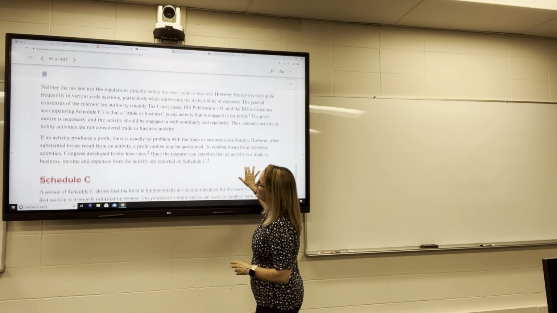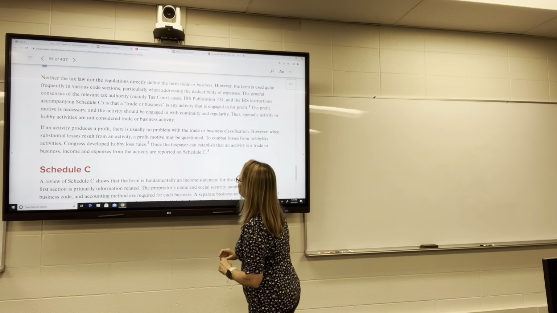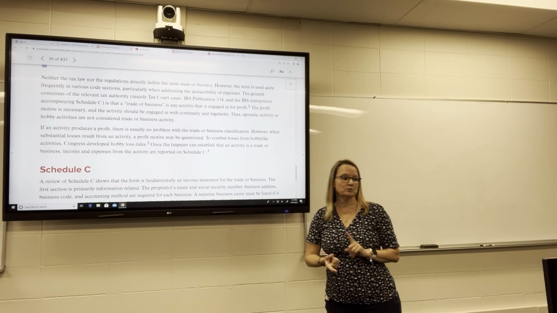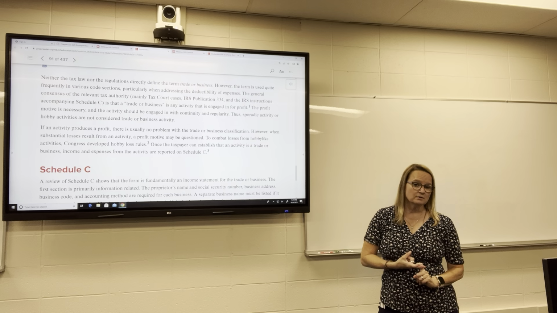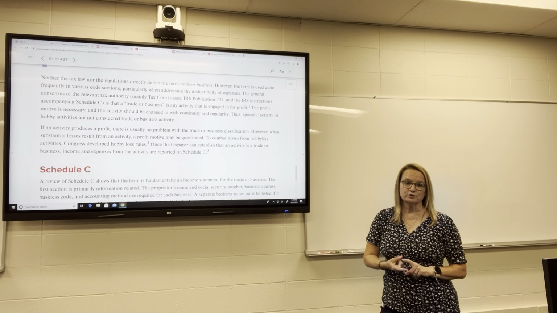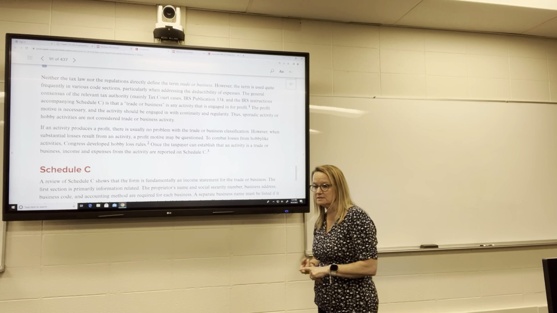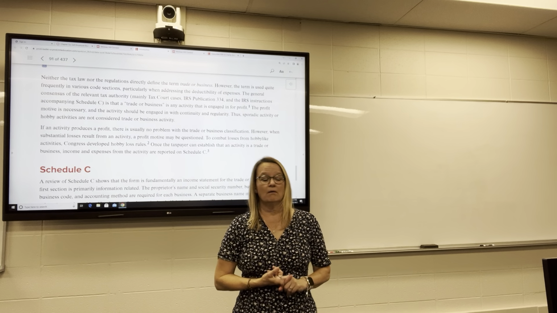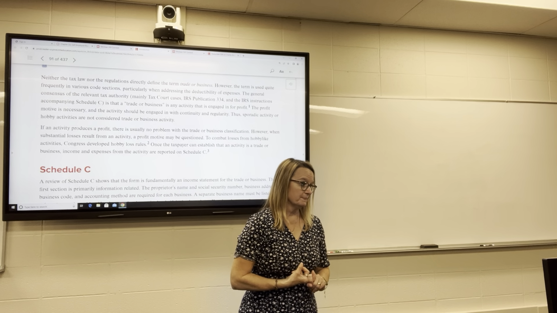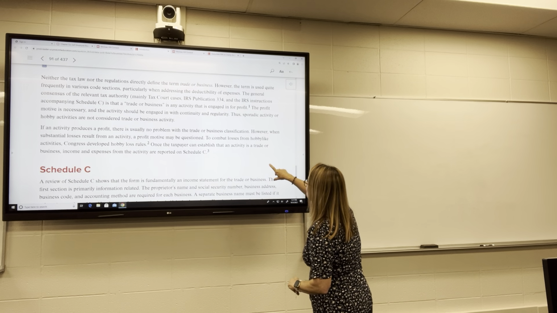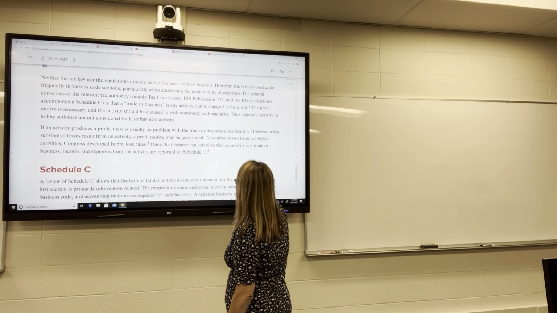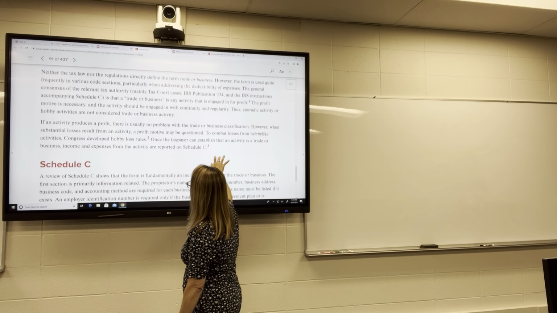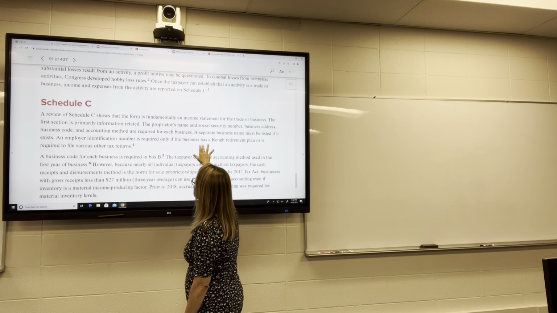However, when losses result from an activity, the IRS starts to question whether there's a profit motive. They may question whether you actually are in the business in order to make money, or if you're using it as some sort of tax shelter or for some other purpose, right? So you need to be able to establish that that activity is a trade or business.